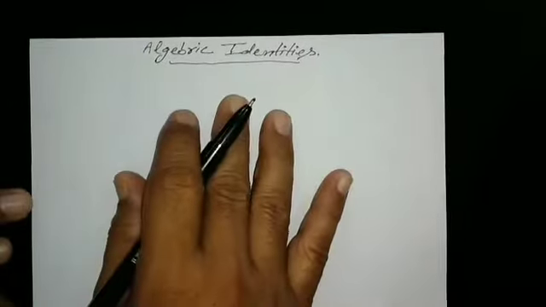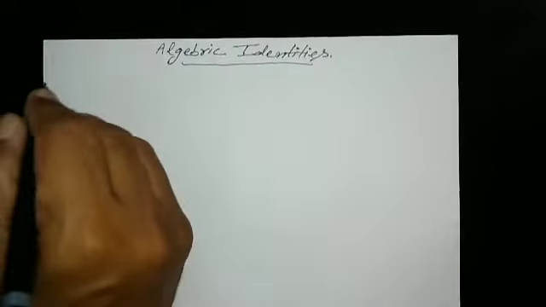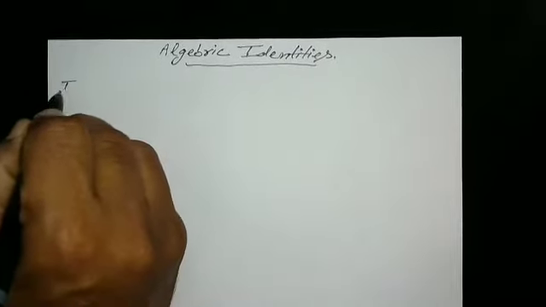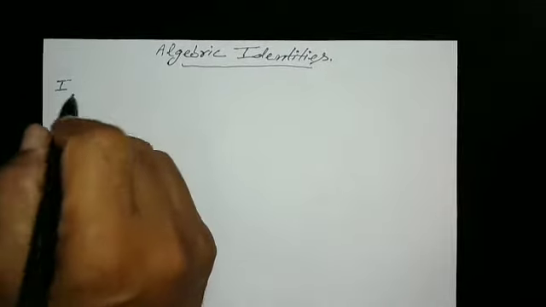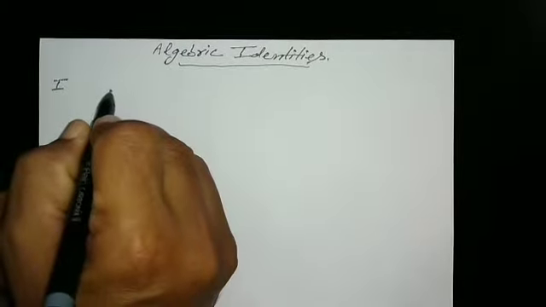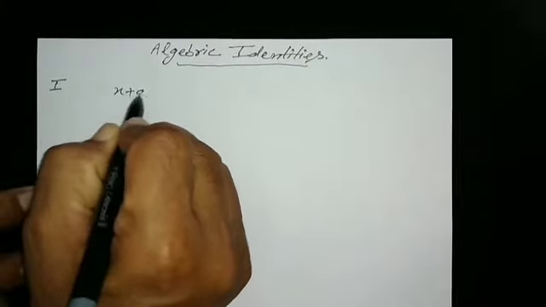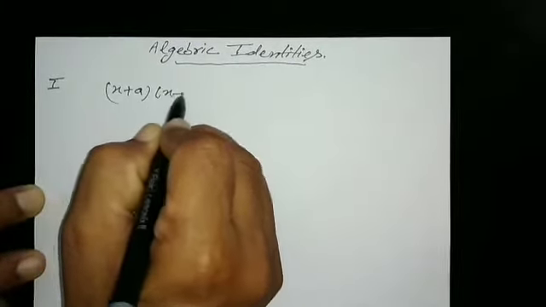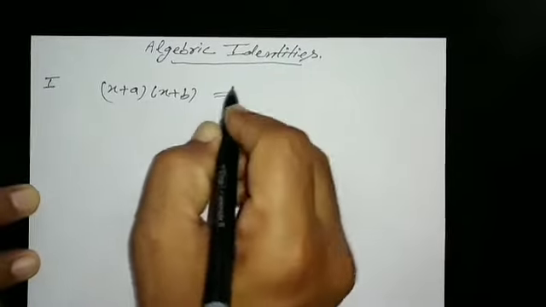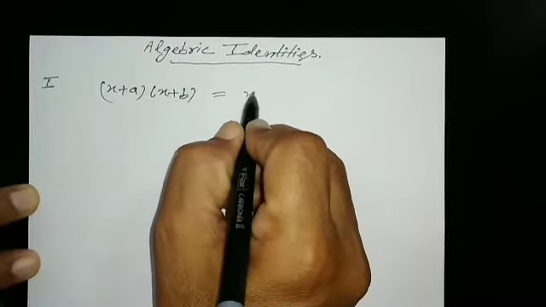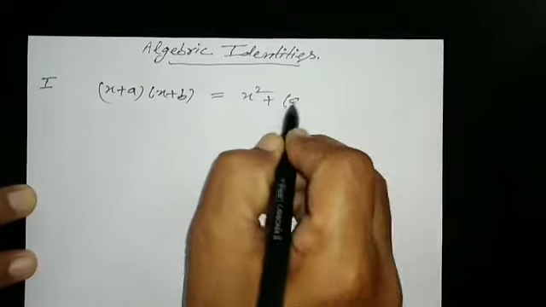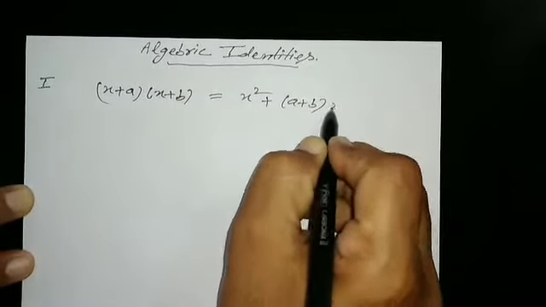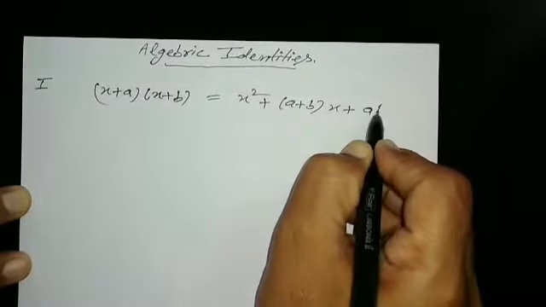So in that way, some identities I will discuss here. The first one is very simple: x plus a, x plus b. If we multiply it, we will get x square plus (a plus b) into x plus a into b.